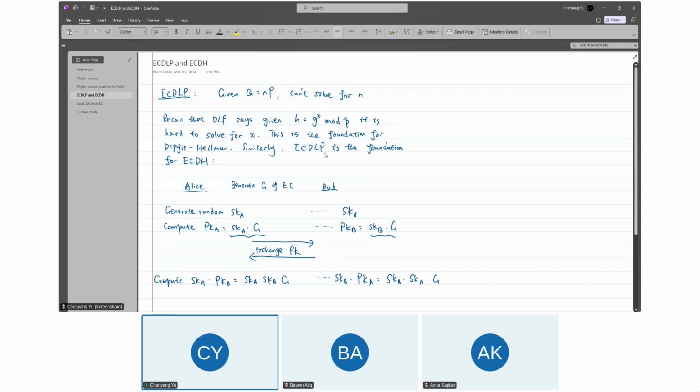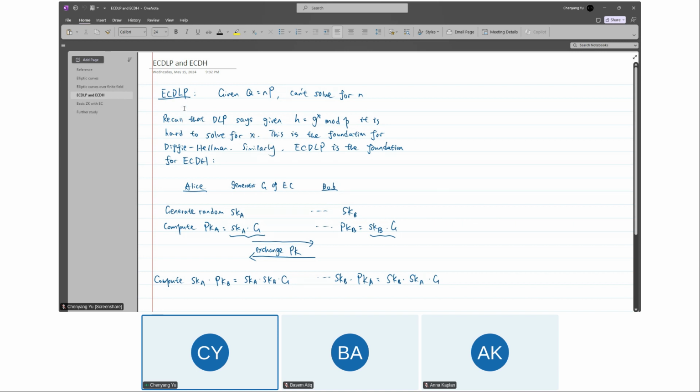I publish this information on my website, and then some malicious Eve comes here and gets this information. She wants to recover my secret x, the exponent. DLP says it is impossible to compute it. So that was the hardness assumption for Diffie-Hellman.